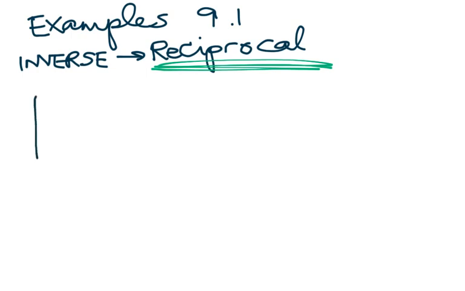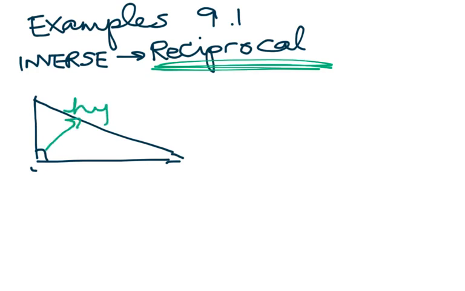If I have a triangle, just a right triangle, okay, remember the side that is opposite the right angle is always the hypotenuse. You always need to have an angle that is referred to.